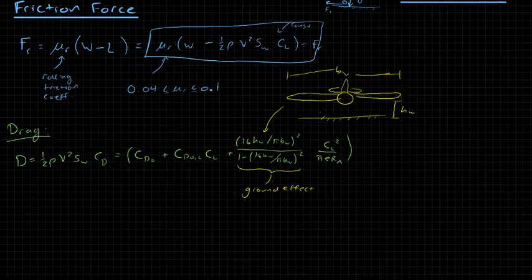Okay, so if the ratio of your height above the ground to wingspan is less than 1, then squaring this term is going to make it really small, and then we'll have a really small term divided by 1 plus a really small term on the bottom. And so what we get then is, as this ratio gets smaller and smaller, as we get closer and closer to the ground, this term gets smaller and smaller, and so our induced drag gets smaller and smaller.